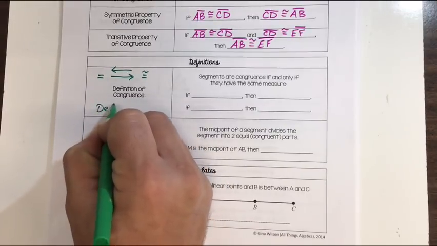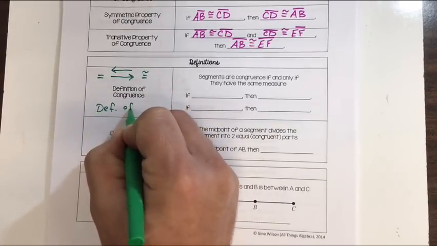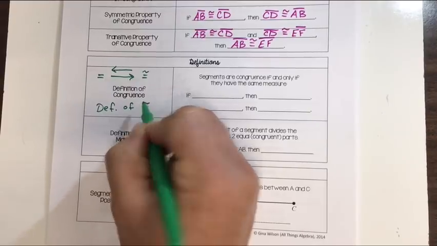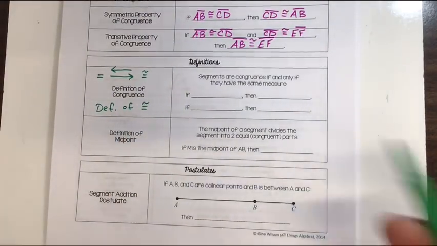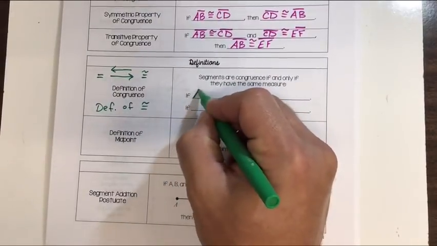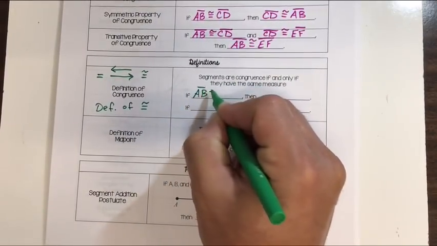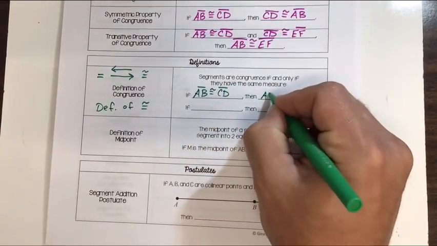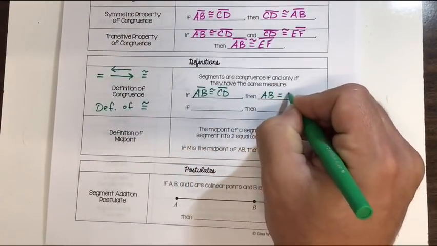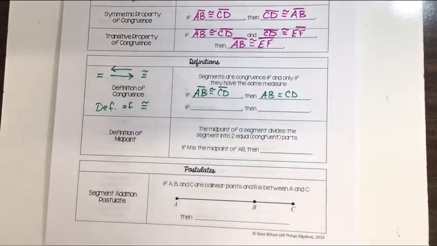We just abbreviate that as def. of, and then our congruent symbol. And that states this: I'm just going to use segments as my example, if I've got a segment AB congruent to segment CD, well then the length AB without the symbol is equal to the other length CD without that symbol.